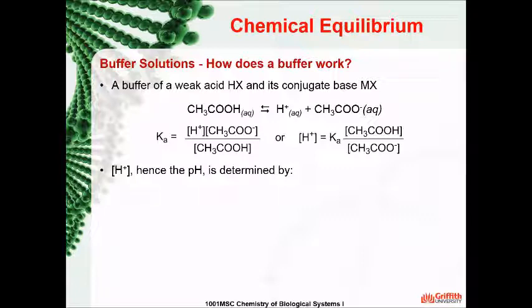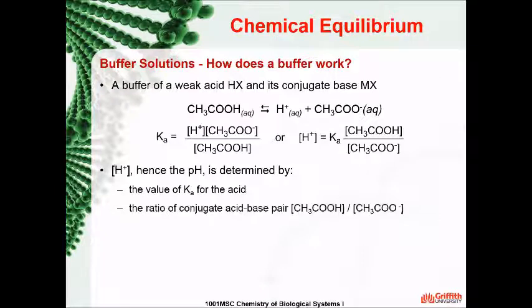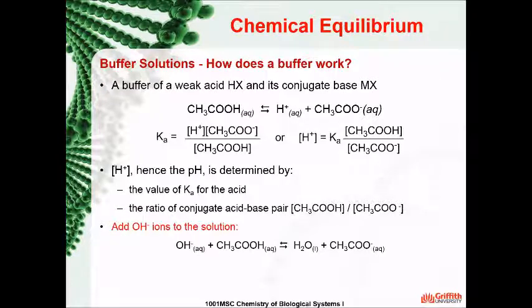Therefore, we can say that the pH value is determined by the following two factors: the value of the Ka for the acid and the ratio of the conjugate acid-base pair. When we add hydroxide ions to the buffer solution, the buffer will absorb those ions to keep the pH stable, like in the following chemical reaction.